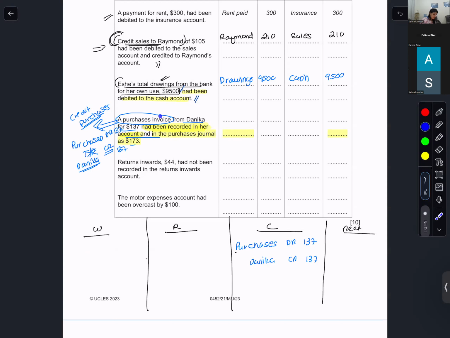So there was a purchase invoice from Danica 137. You have recorded in her account. In whose account? Danica. That means you have done something wrong with Danica. What wrong you've done with Danica?